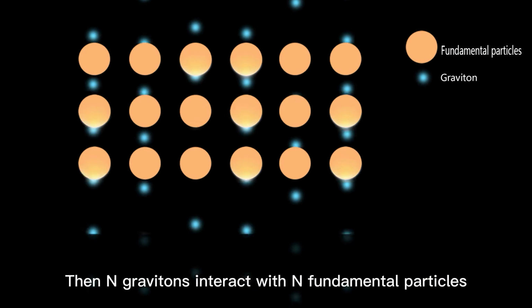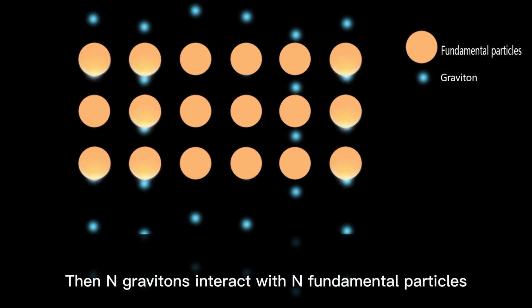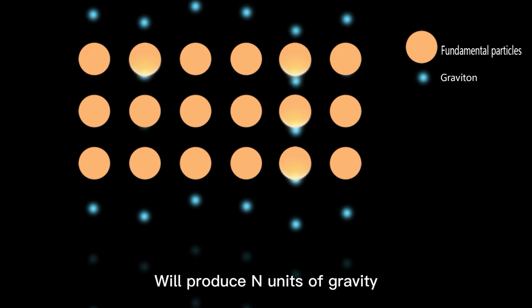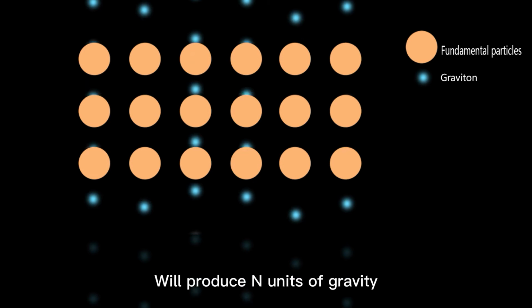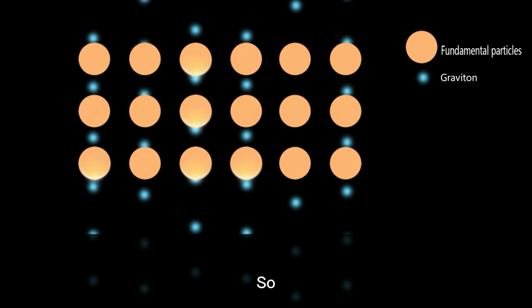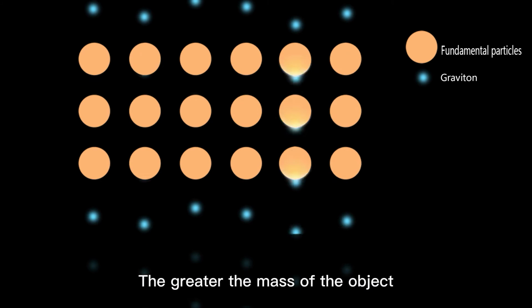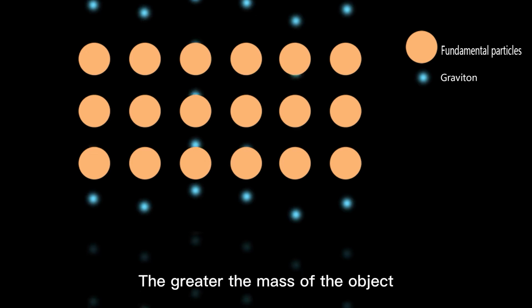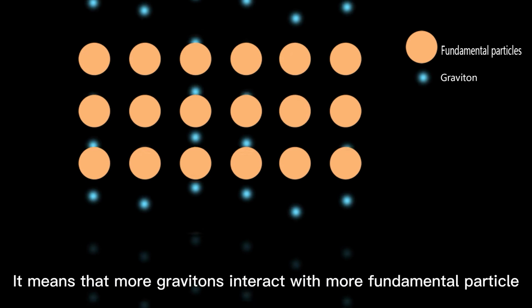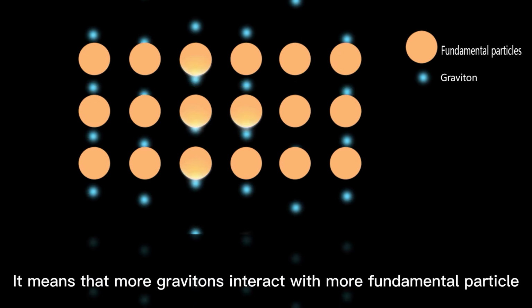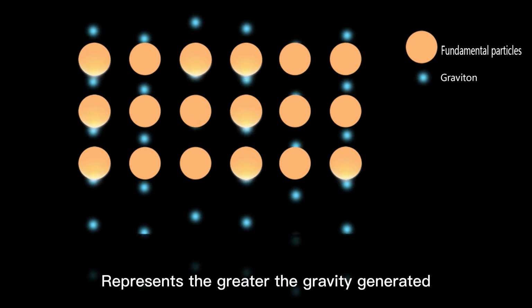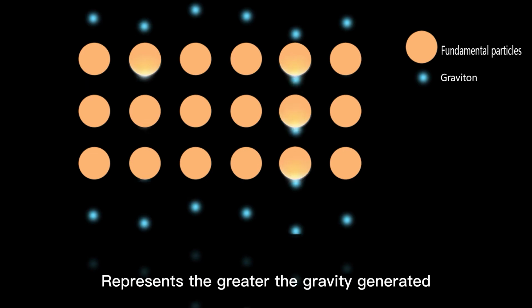Then n gravitons interacting with n fundamental particles will produce n units of gravity. So, for an object in a fixed scene, the greater the mass of the object, the more gravitons interact with more fundamental particles, which represents greater gravity generated.